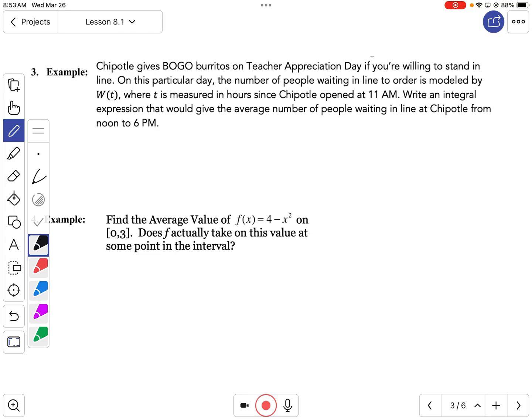Ooh, BOGO burritos at Chipotle. Are y'all Chipotle fans? Well, I've never been to Chipotle. Have you not? They're proud of their food, as my grandmother would say. It's a little too expensive. Someone told me that Chipotle is getting bankrupt. Oh, I think most things are going bankrupt right now, to be honest with you. Listen, if we ever lose McDonald's, y'all need to know it's bad. Or Waffle House, they're everywhere.